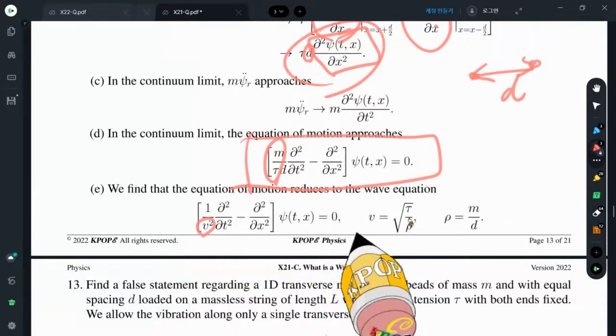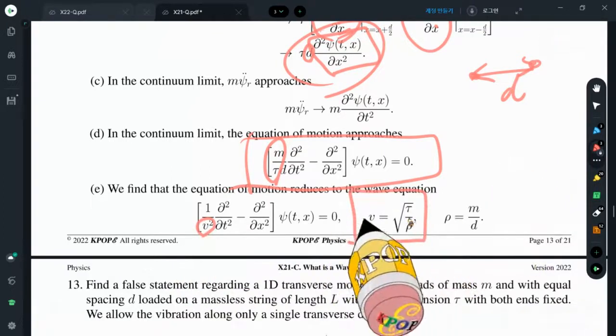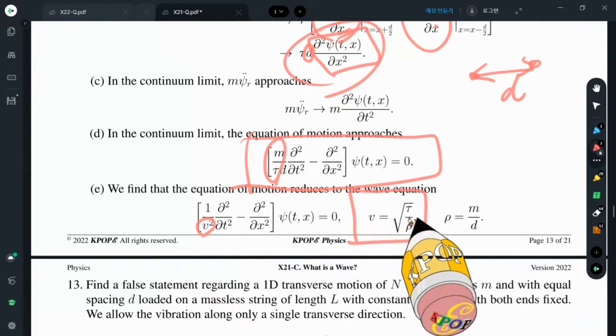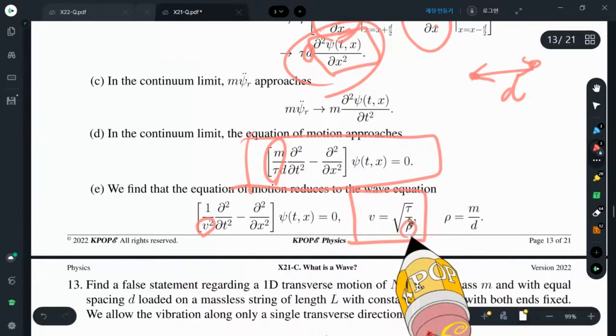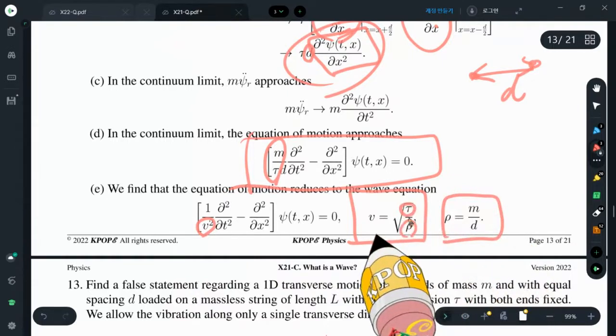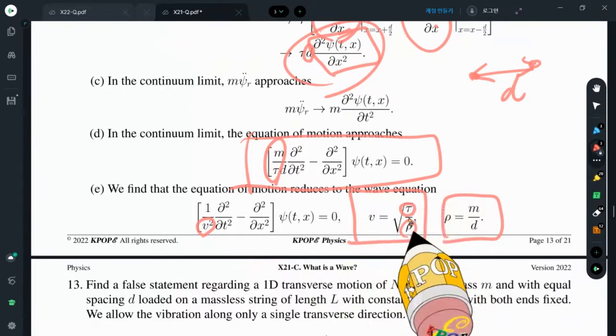So from this, we can determine the wave propagation speed in a string of linear mass density rho and tension tau, which is exactly square root of tau over rho.